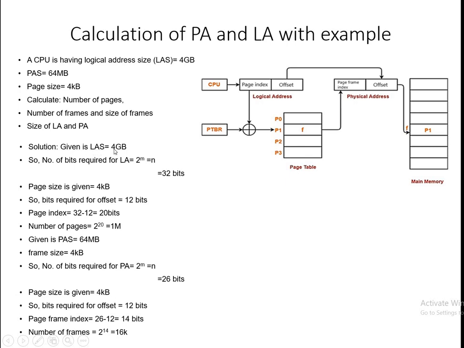We know how to calculate the size of any memory capacity on the basis of this equation: 2 raised to power m is equal to n, where n is the number of combinations, which is 4 GB here, and m is the number of bits required to address n. Here n is given, the logical address size of 4 GB, so we have to calculate m, the number of bits required for the LA.